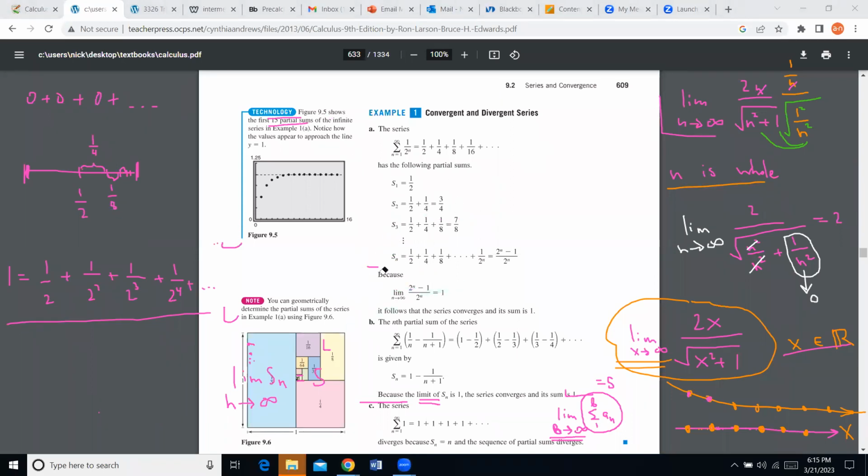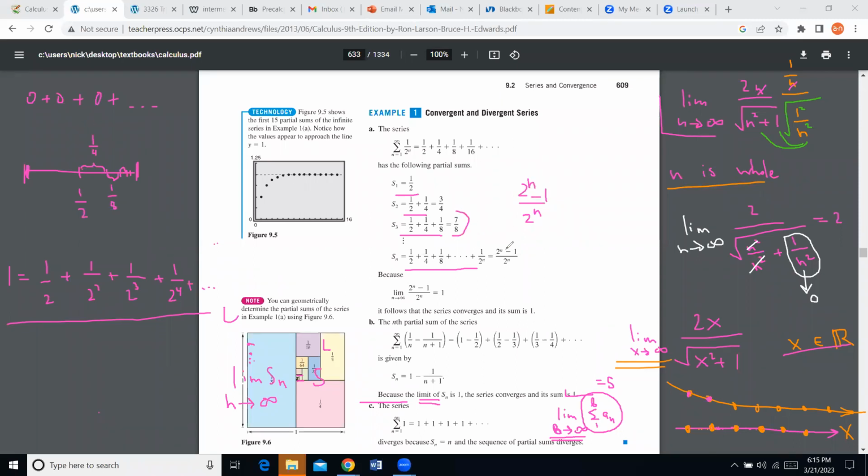So they start to add these fractions with denominator 2 to some power, like 1/2, and then you add 1/2 with a quarter, so you get 3/4, and then you put 1/8 on top of it, you get 7/8, and etc. So you can see that it looks like the denominator will be 2 to some power, right? 2 to the first, 2 squared, 2 cubed, and the numerator is 2 to the power of n minus 1, 1 less, right?